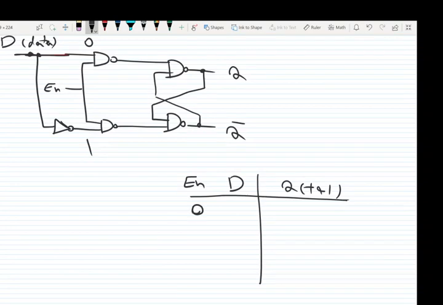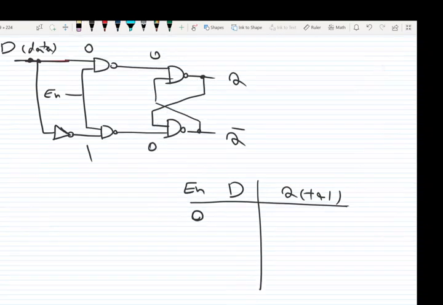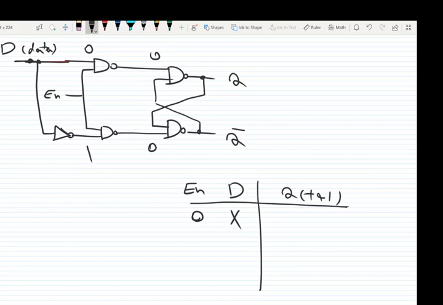If enable is 0, no matter what D is, the inputs of these two gates are 0 0, which is the no change condition. So if enable is 0, no matter what the input is, the output will be Q of T, which is no change.